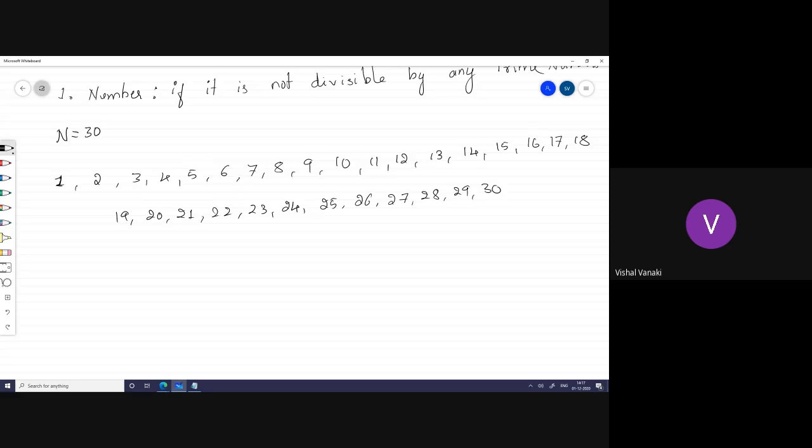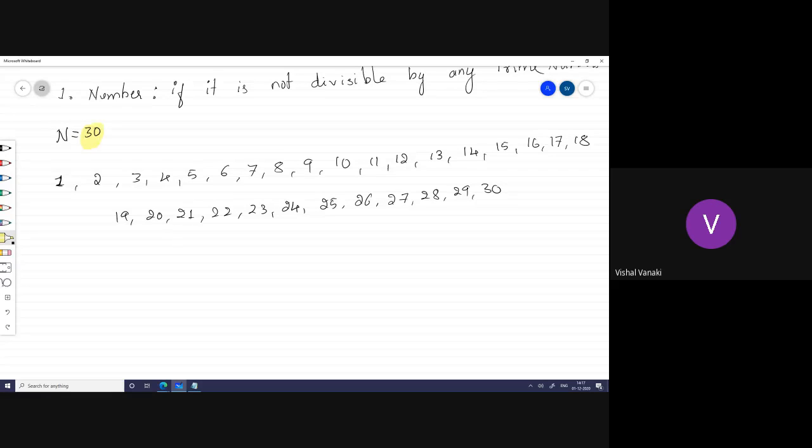So finally we could write down all the numbers. Now, how do we utilize this Sieve algorithm to generate prime numbers up to 30?